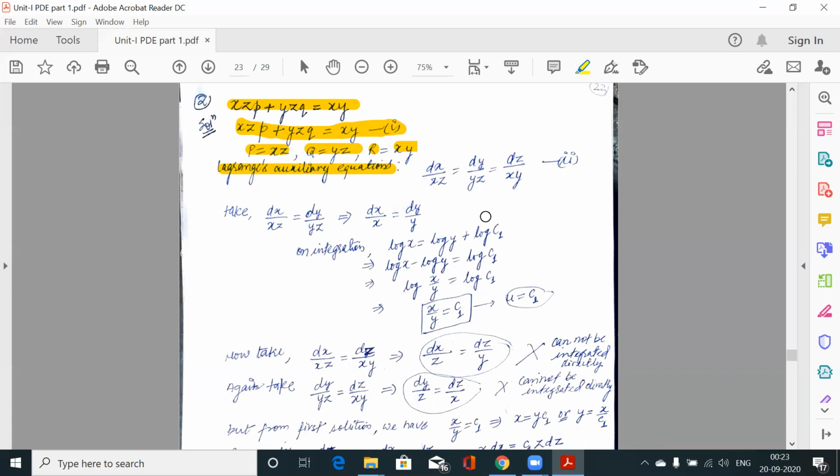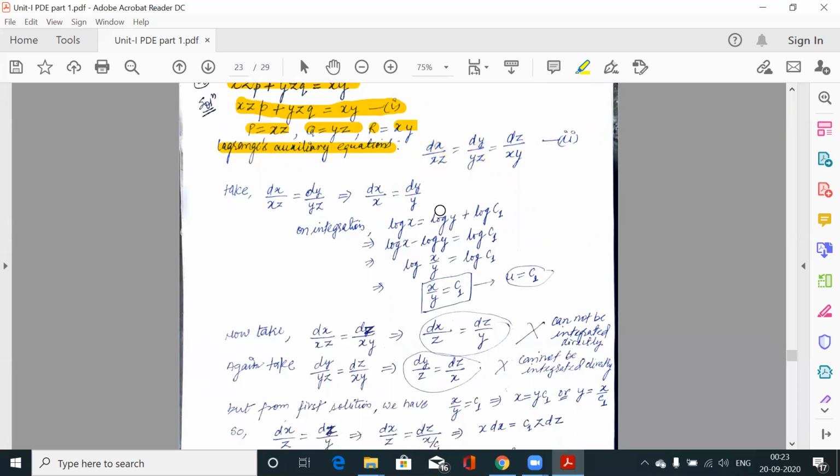But if we take these two fractions, here z is a problem in the first fraction because dx over x is okay, but this z cannot be integrated under dx. Same here, we have a z problem because it cannot be integrated under dy.